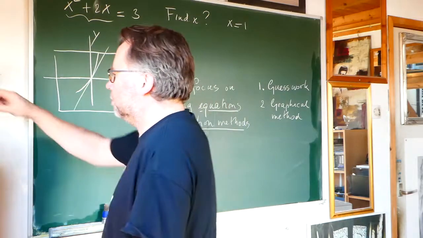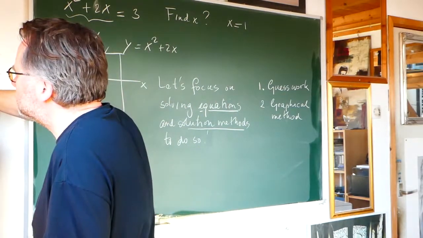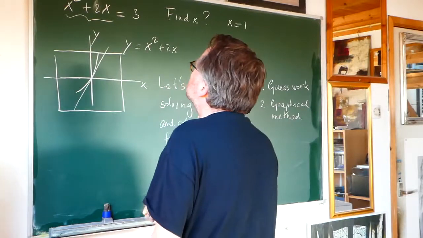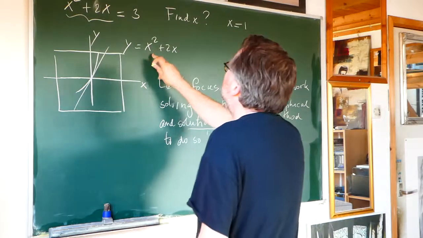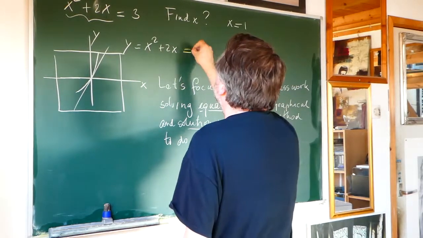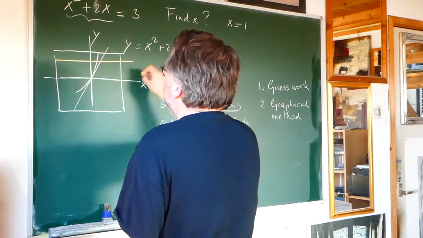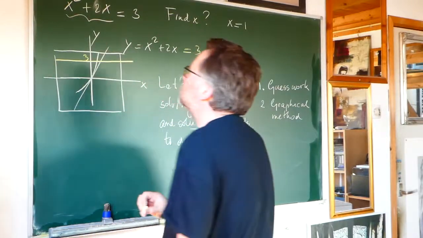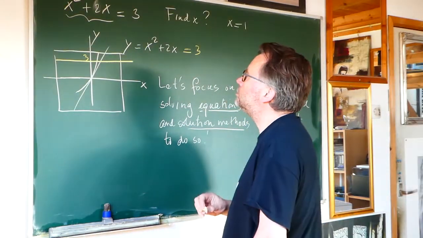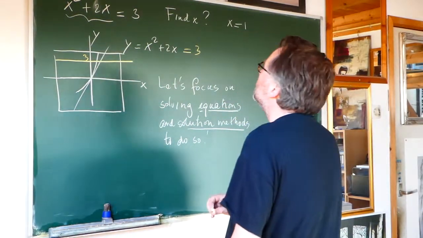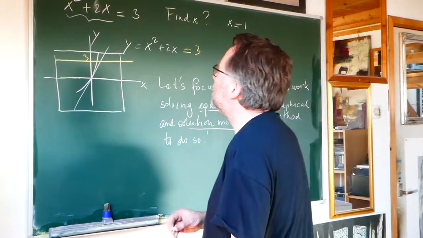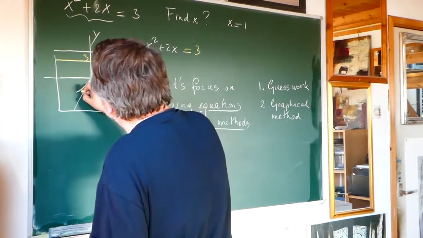Now in this window there might be, I want to put this equal to 3. So if I draw y is equal to 3, so if this is 3 on the y-axis, then I look at my graph and then I say, oh, this is my graph.